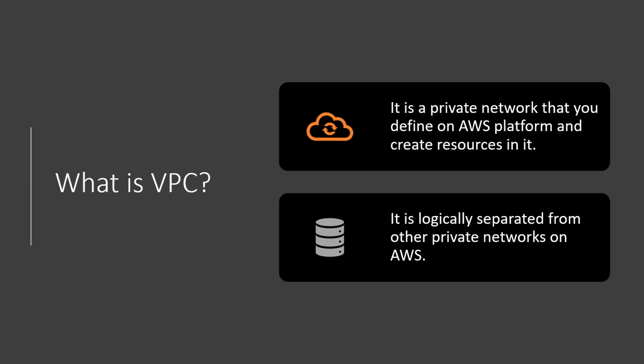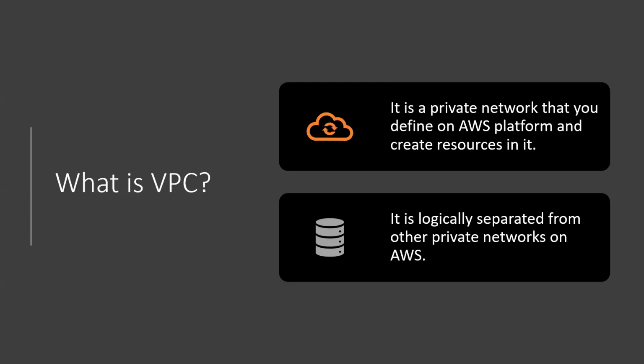It's like your corporate network: you cannot access IBM, or Deloitte, or any ABC company's resources from outside. The reason is very simple: they have their own private network, and all the resources are created within that private network, and you can access them.